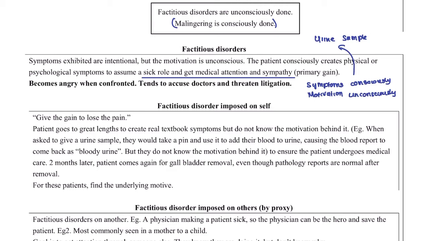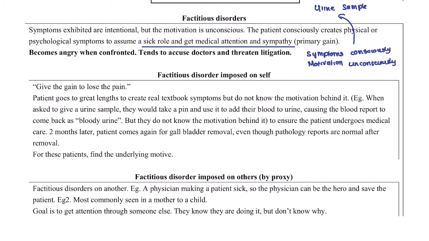And sometimes they do it by proxy. They do it to another person, usually a mother to a child. So the mother would asphyxiate the child. The mother would come to the hospital, say the child has apnea, difficulty breathing. And when the child is tested in the hospital, there is going to be nothing wrong.